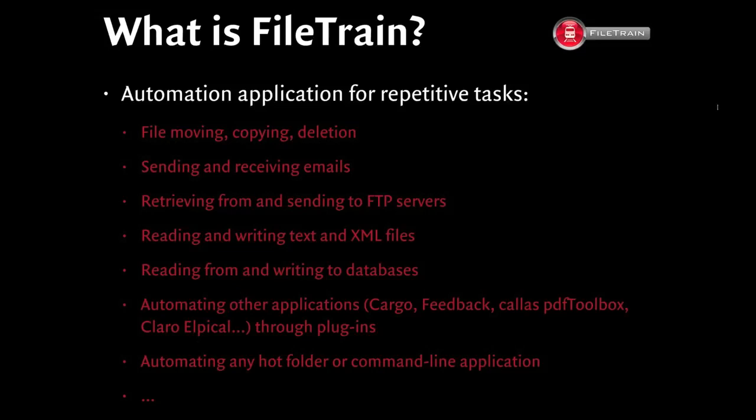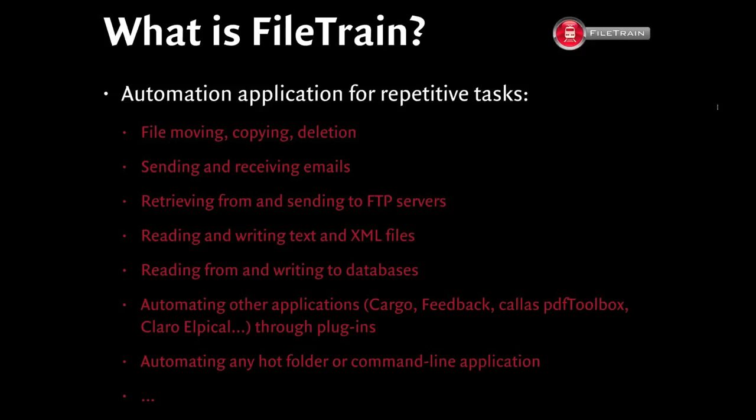You can connect to databases. There are a number of different databases that are supported, and you can store information in a database or retrieve it from a database. And then there is a list of other applications that are integrated with plugins inside of FileTrain so that those can be automated as well.